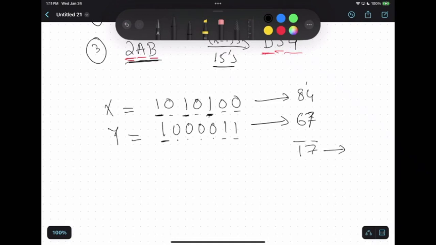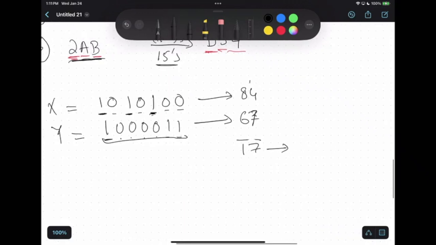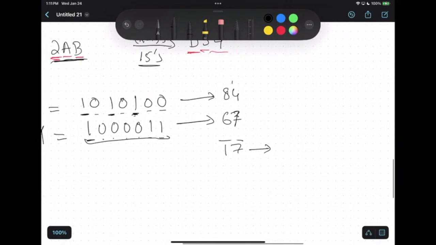No, 7 bit binary, because these are 7 bits. 0010001. In order to represent 17, you know that 1 represents 16, 8, 4, 2, 1. And then you can append the additional zeros, 1, 2, 3, 4, 5, 6, 7. And this is what we got here.